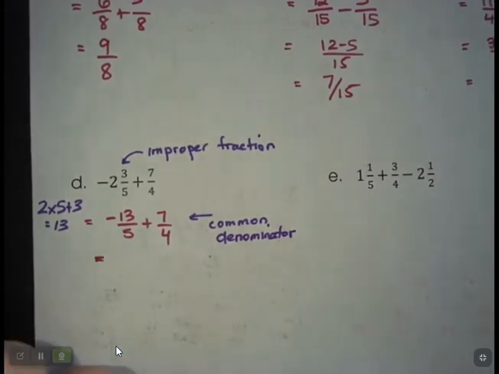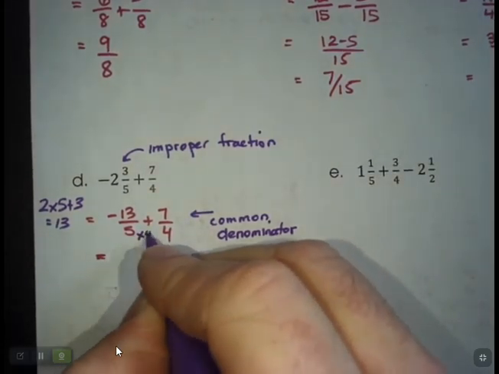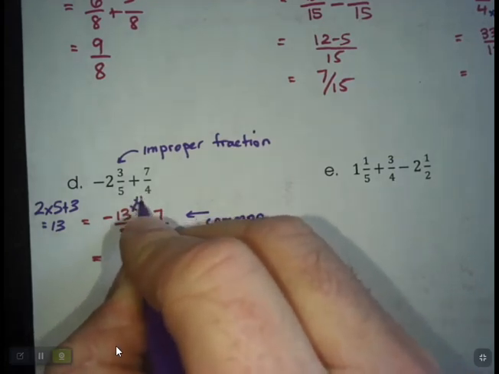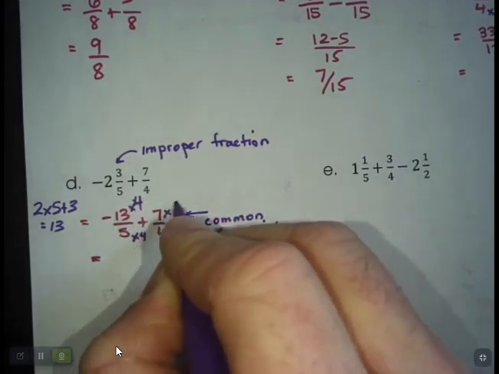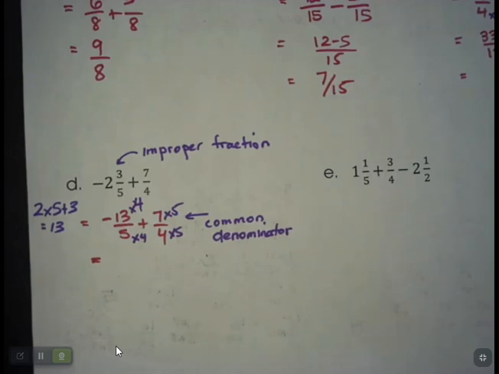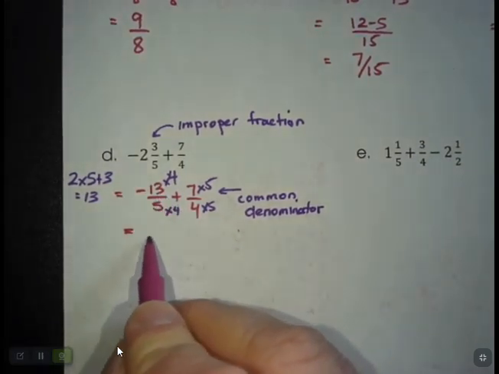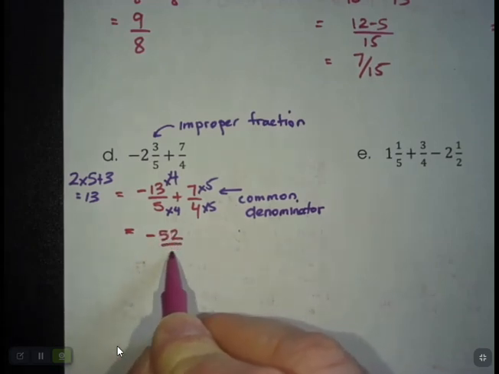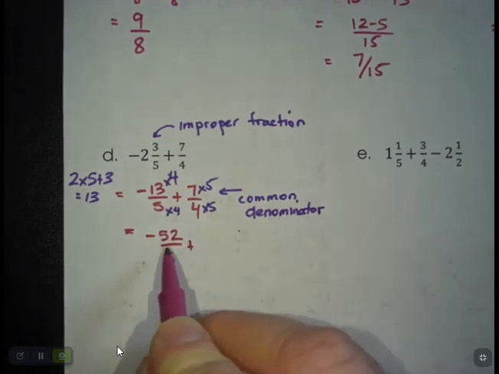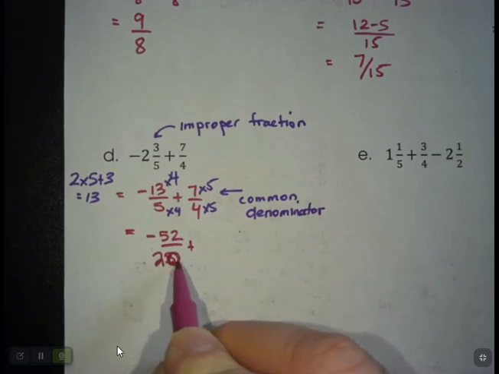So here I might multiply this one by 4, multiply this one by 5, and make sure you keep the negative going through. So on my calculator, that would be negative 52 over, sorry, over 20.